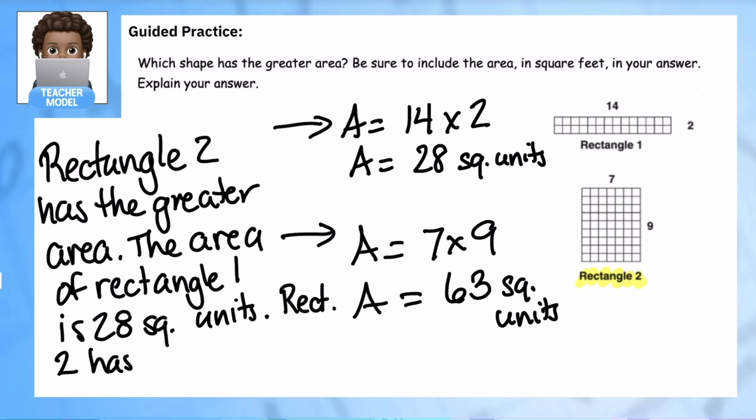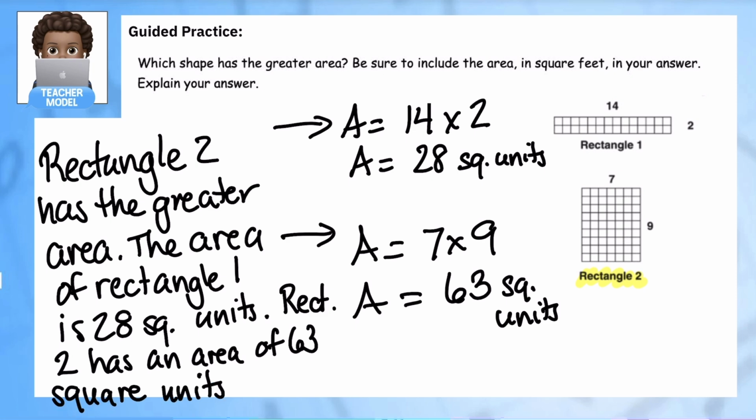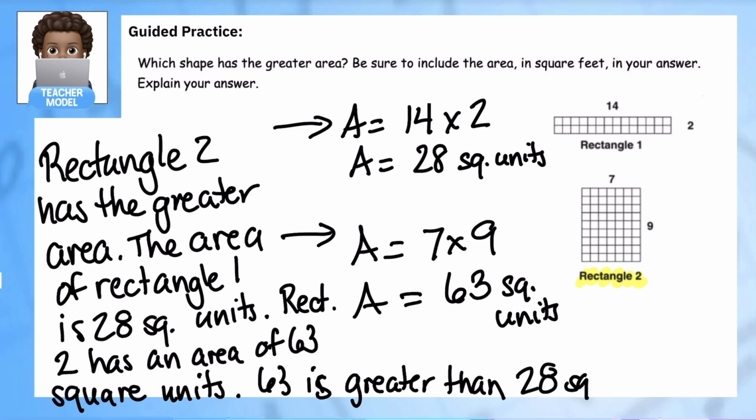Rectangle 2 has an area of 63 square units. 63 is greater than 28 square units. And done. Notice I don't have to explain more because my work is also here to show how I got those numbers. And that's a lot of times what teachers are looking for. How did you get those numbers? As if you guessed. We know you didn't guess, but keep that thinking visible on the page.